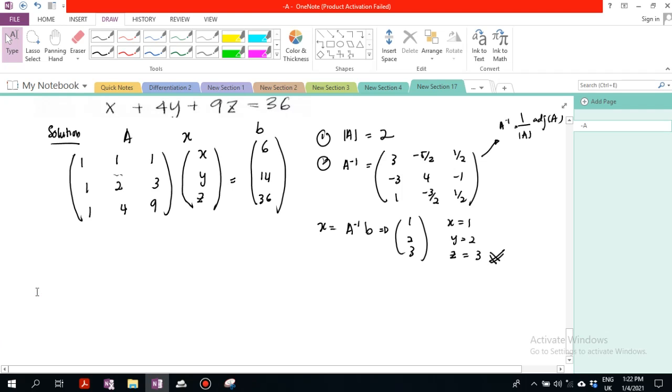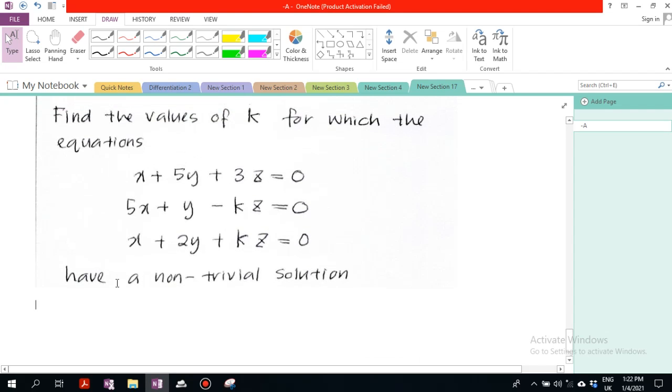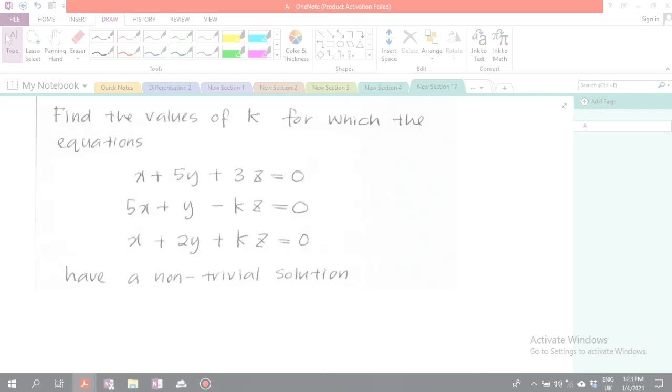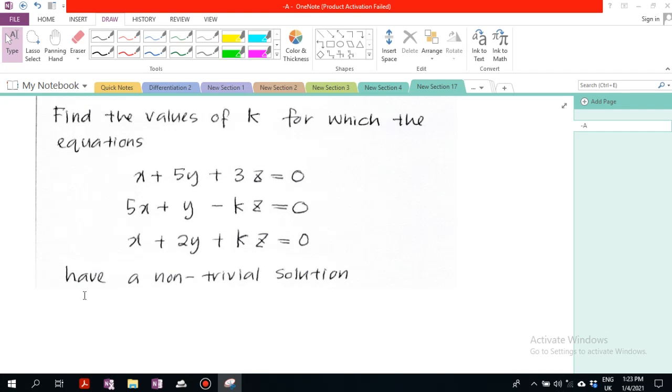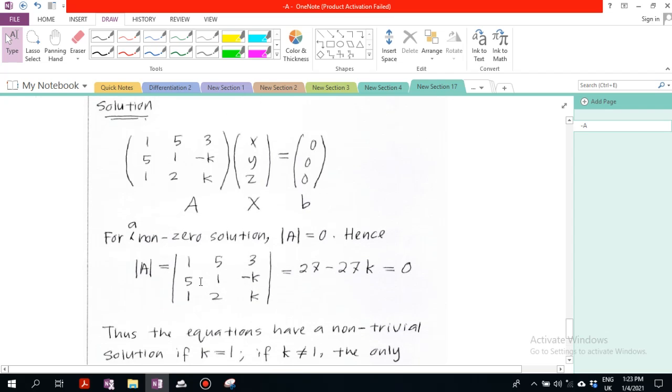Okay, this is another example. Find the value of k for which the equation has a non-trivial solution. So it's already stated that there is a non-trivial solution.